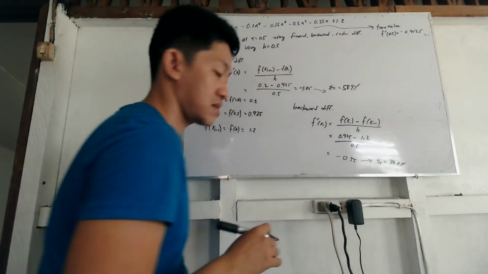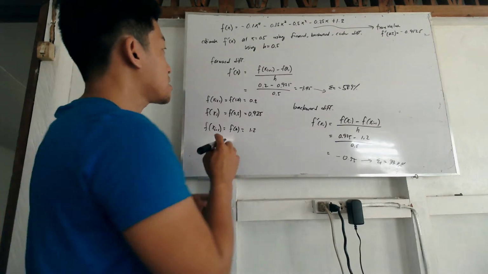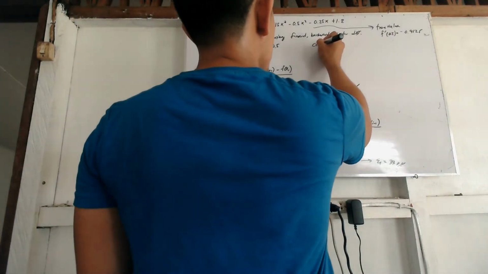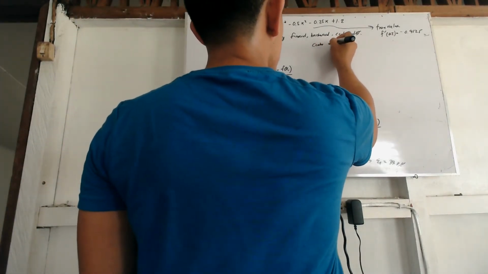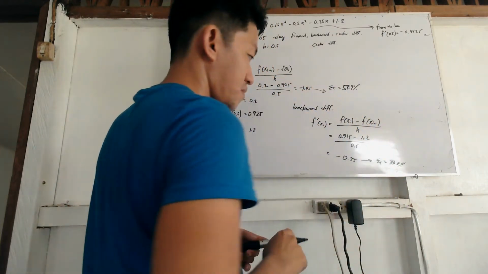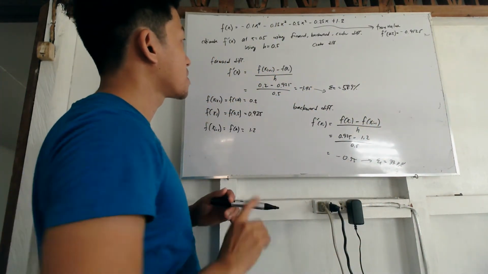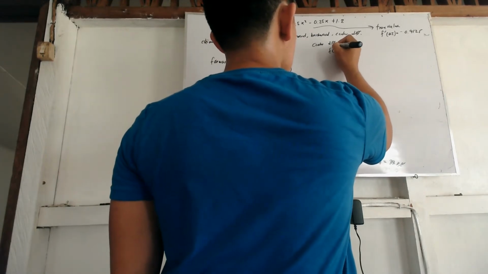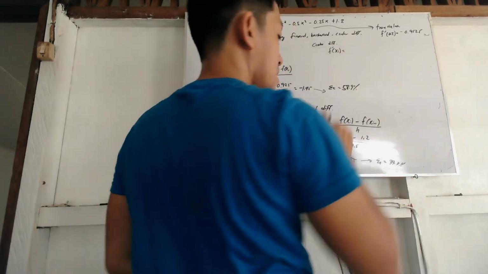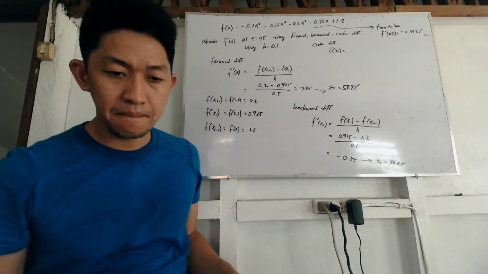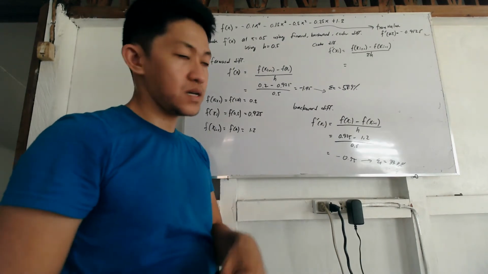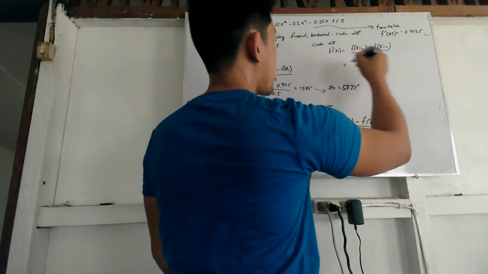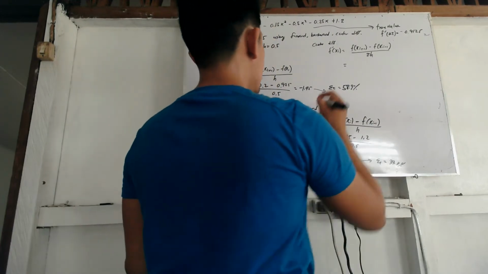39.7%. Okay, last we will use the center difference. So for the center difference, okay, this is the formula for the center difference.